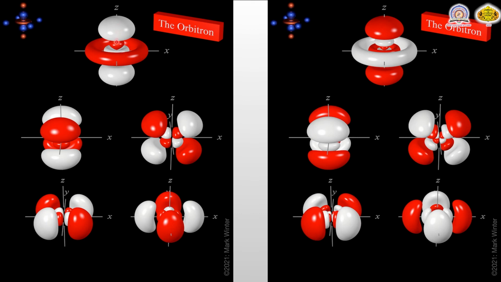In between, this is the 3d, and this is the lobe of the 4d orbital. The gap in between is called the radial node for that orbital. Similarly here, there is a space in between the 3d and 4d orbitals, which represents the node in that orbital.